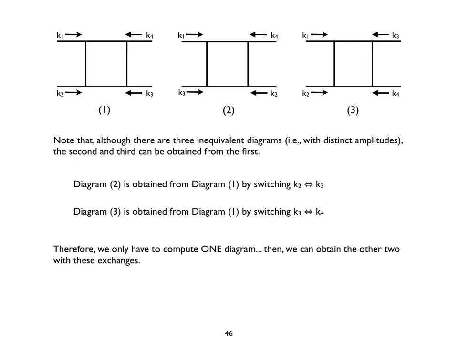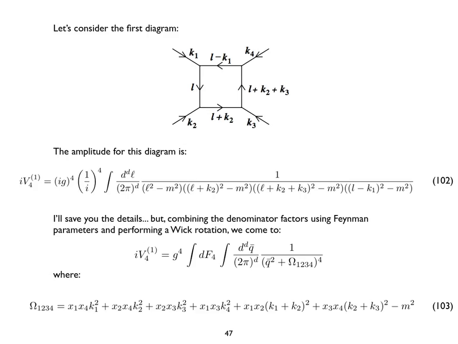So it looks like you have to compute 3 of these, but really you only have to compute 1. And then whatever the answer is, you just replace, say, K2 with K3, and K3 with K2. So we only have to really compute 1 diagram, and that's good because these things can be hard sometimes, and you can see why.